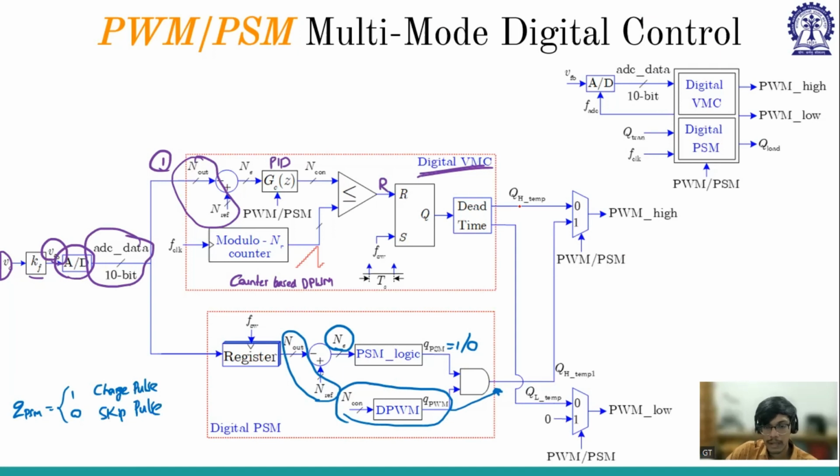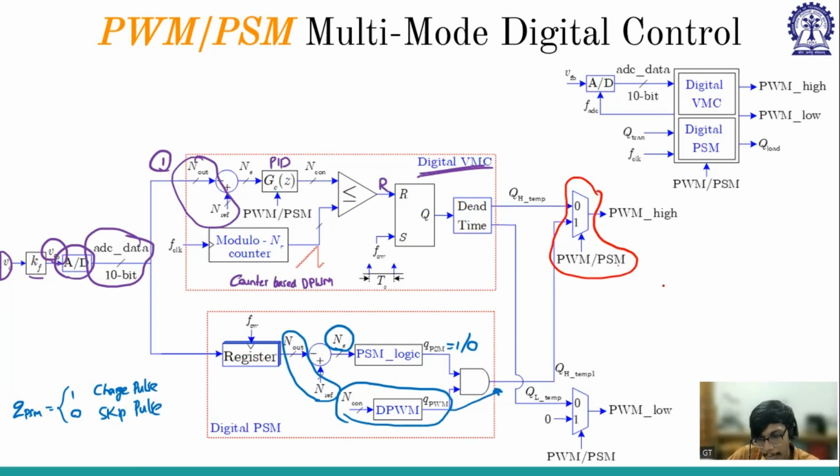Now PWM will give two gate pulses, high side and low side, and PSM will give two gate pulses as well. Now which gate pulse will I take? If it is PWM, then I should take the PWM gate pulses, high side as well as low side. If it is PSM, then I should take the high side and low side of the PSM. So there is something called a MUX, and the MUX has a selecting line.